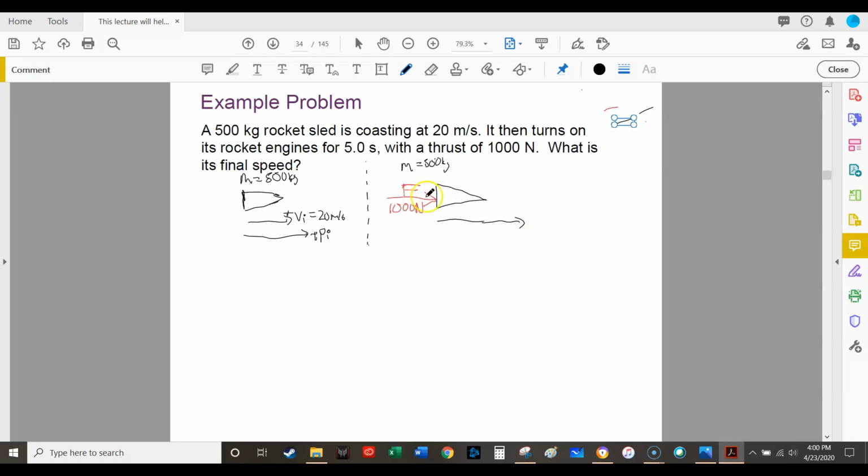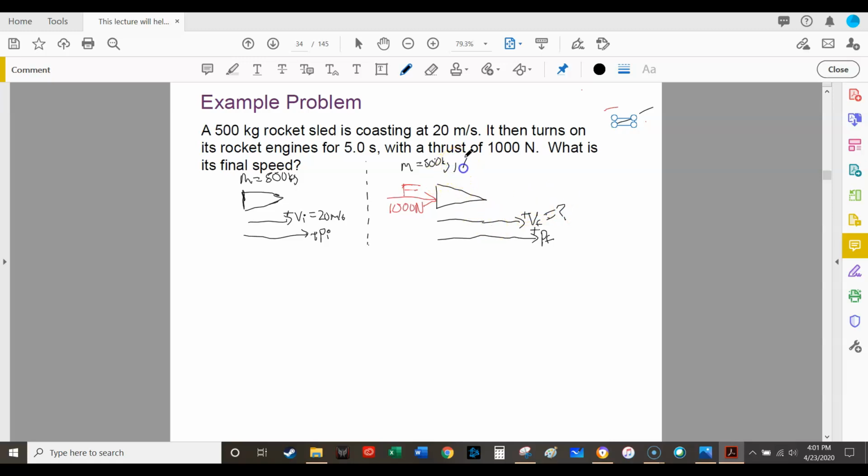If it's moving to the right and you add an acceleration vector to the right, that's going to create a larger final velocity vector, right? Which is going to increase the momentum vector. And I guess what we're going to be asked is, what is the final speed? So that means our final speed is an unknown.